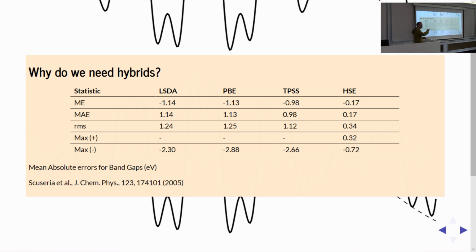If we go into the solid state, there's fewer results to look at, but if we look at the band gap of materials, the idea of how, in a bulk solid, from the highest occupied state, from the valence band up to the conduction band. The mean error on a local density approximation calculation, a standard local density functional, is that they under predict the band gap by about 1 electron volt.